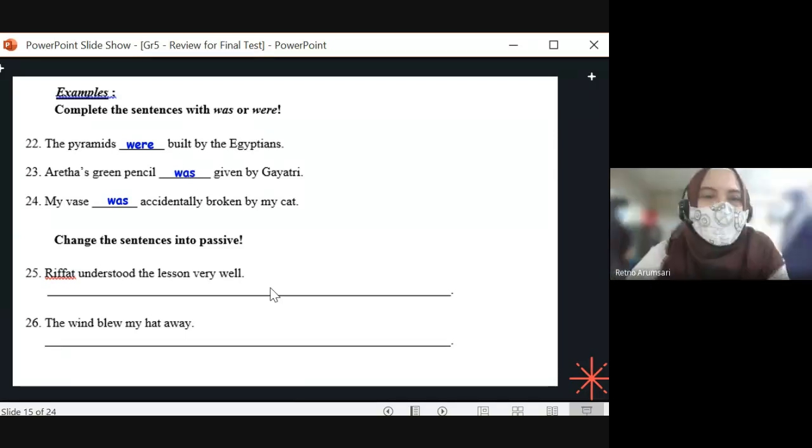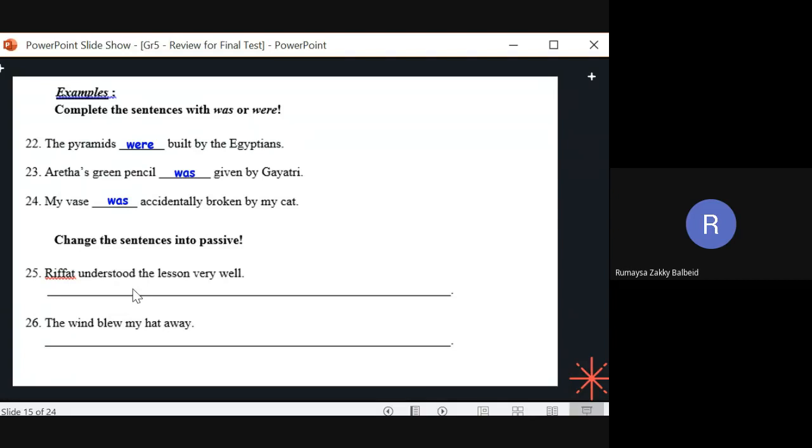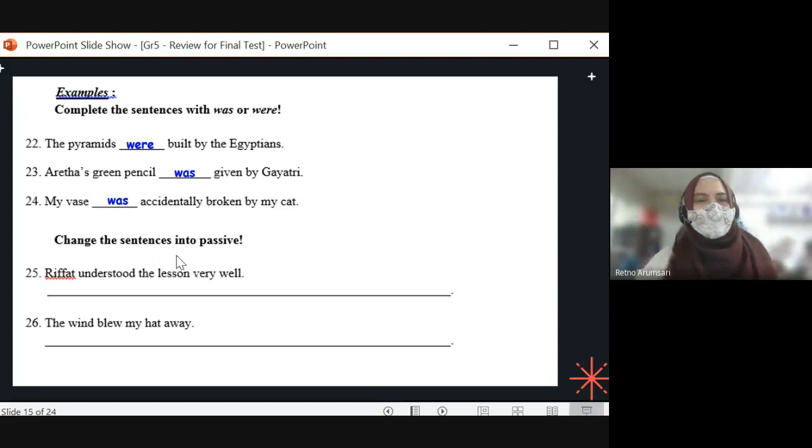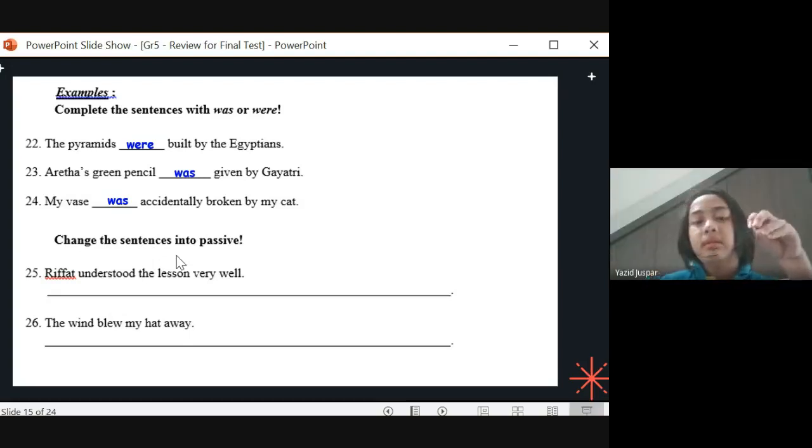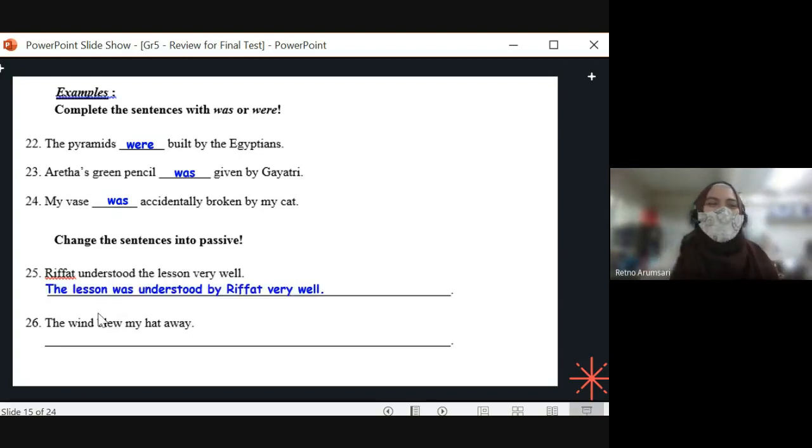The lesson. So you put the lesson at the beginning, right? After that, what follows? The lesson was understood by Rifat very well. Is that right, Yazid? Yes, that's right. The lesson was understood by Rifat very well. Why? Because understood is a verb two. That's why you need to choose between was or were. Because there was only one lesson, you choose was.